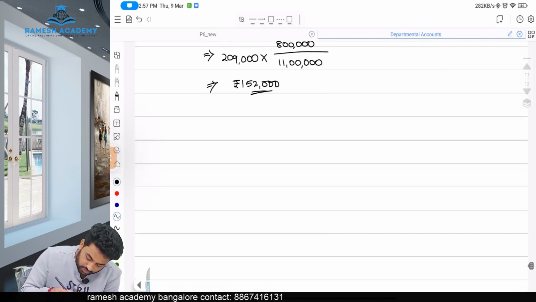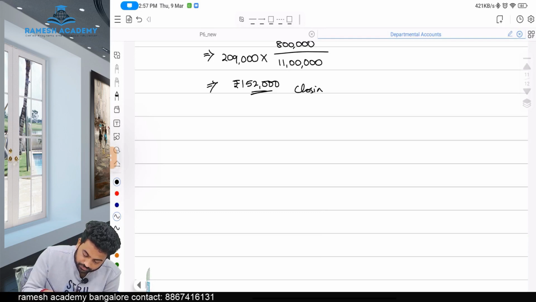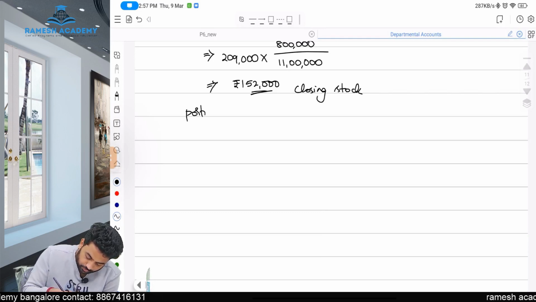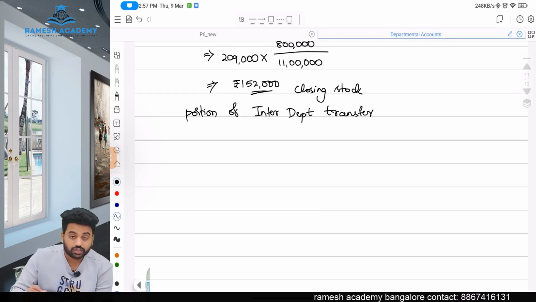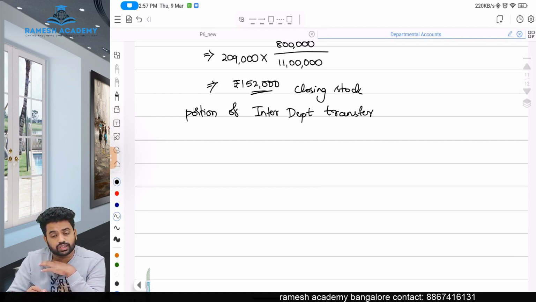So out of this, 152,000 is the portion of closing stock from interdepartmental transfer. Okay. Now the work is not done.